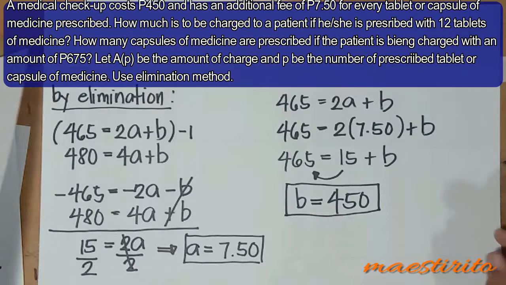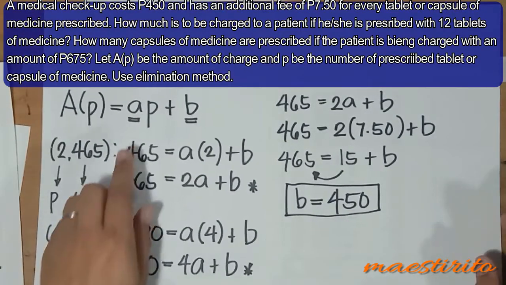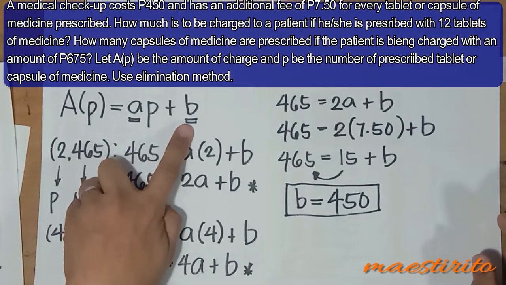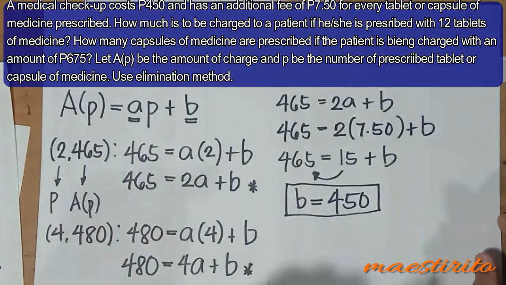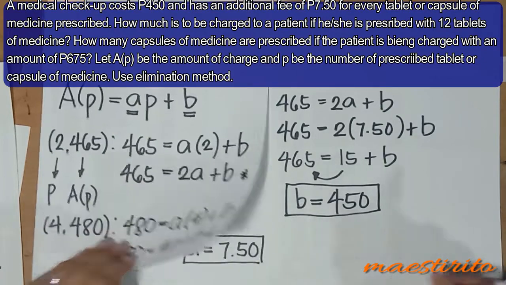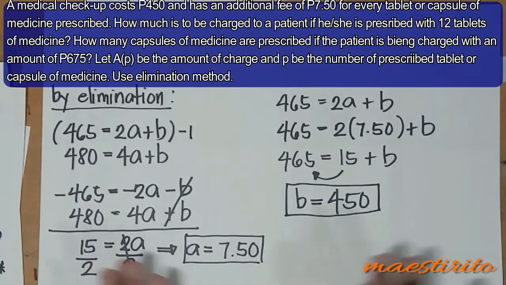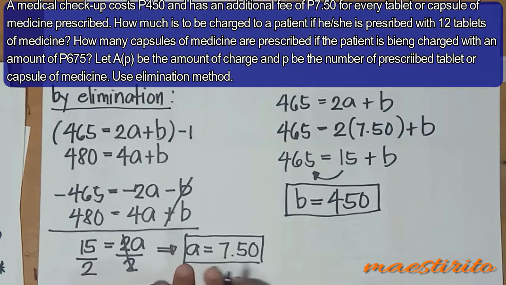So it is now time for us to substitute the values of A and B into the general form of our linear function. A quick glance: A is 7.50, B is 450.